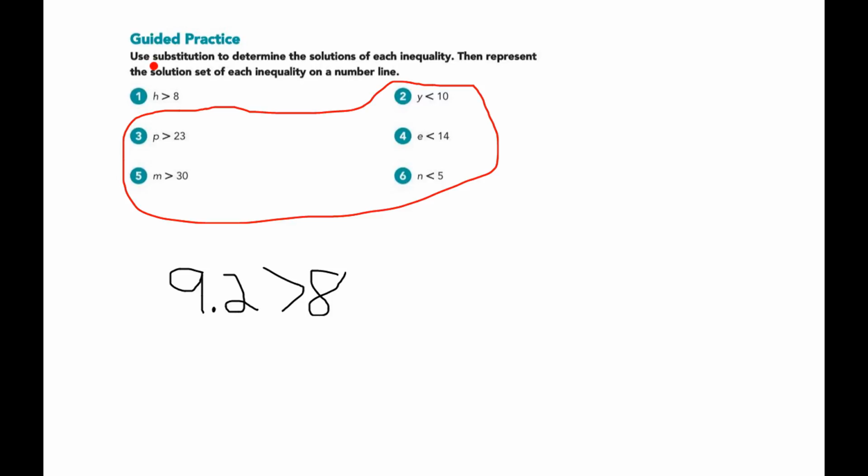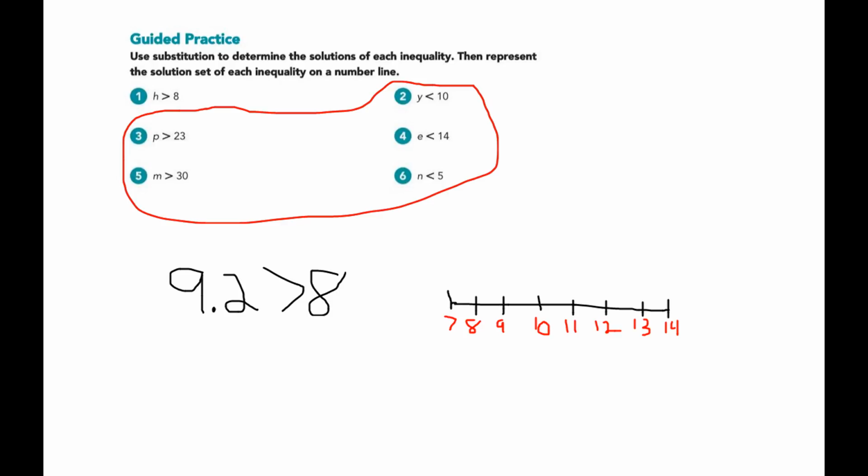So first it says, use substitution to find solutions for each inequality. So here's my inequality. H has to be bigger than 8. So I chose the number 9.2, that's bigger than 8. So with each one of these, you're going to choose a number that makes this statement true, okay? And then I need to put it on a number line. So you're going to have to draw a number line. Here's my number line, and you can see I have just started at 7 and went all the way to 14.